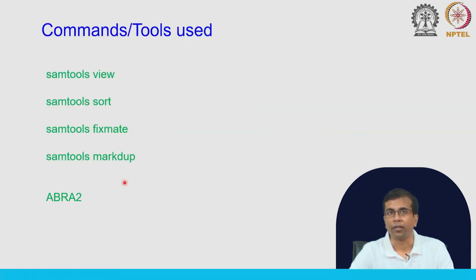The commands or tools that we used, I will just list them here. SamTools view, sort, fixmate, markdup, and we also use the tools after that. You can go and see the options in the manual page, what these options mean that we used, and read about all the other options that are also out there.